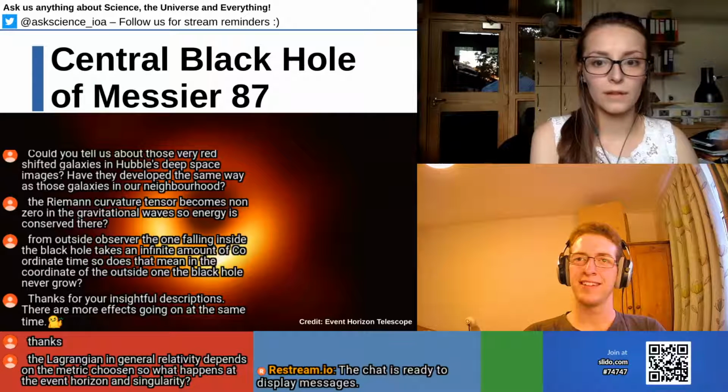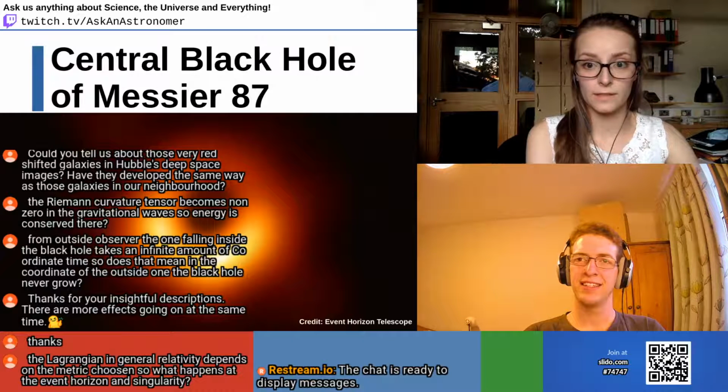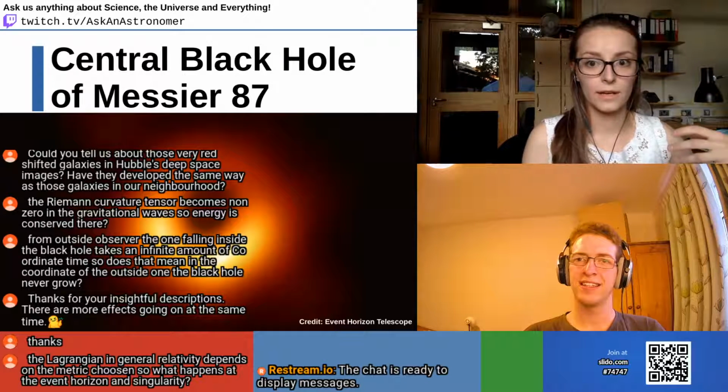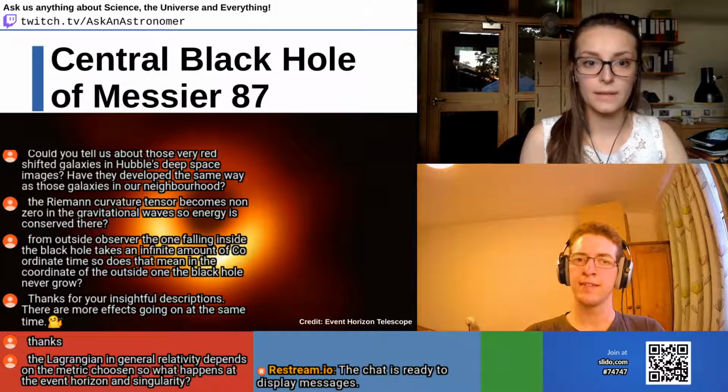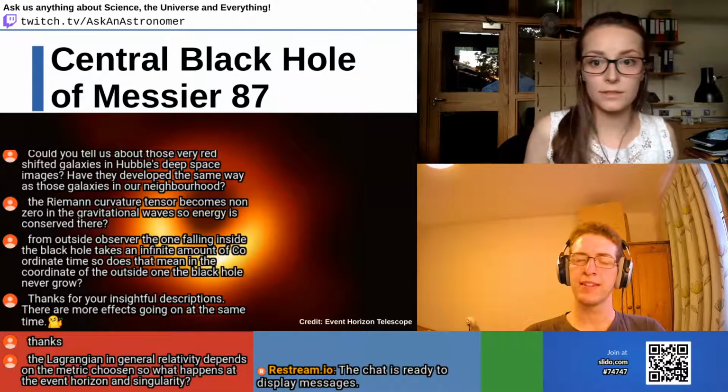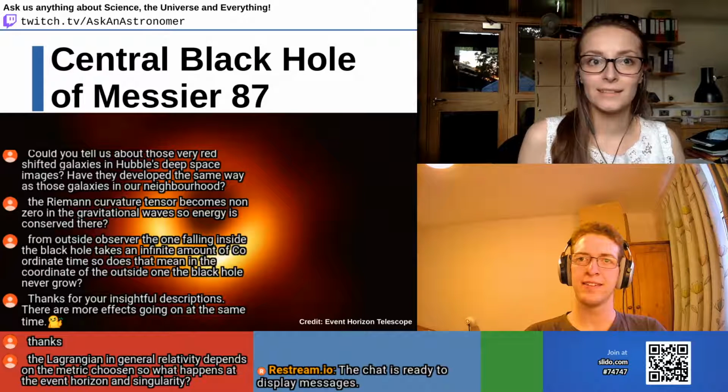So around the event horizon you would expect a difference in the Lagrangian and in how the dynamics of the system works. But beyond that, it just acts like a normal Lagrangian, and you can still use it to tell you the trajectory of an object.